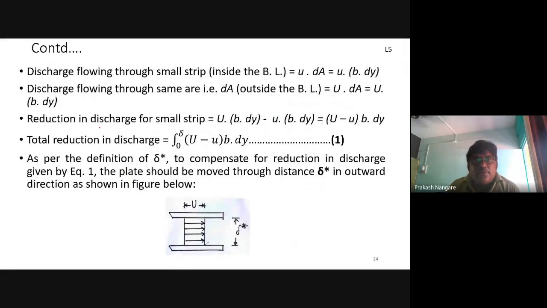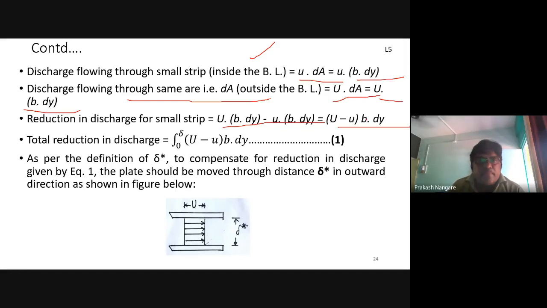Substituting these, the discharge flowing through the small strip inside the boundary layer is u into dA. The discharge flowing through the same area dA without the boundary layer is capital U into b into dy. The reduction in discharge for the small strip, taking the difference, is equal to capital U, the free stream velocity, minus u, into b into dy.